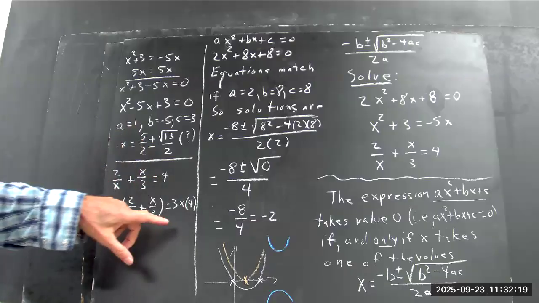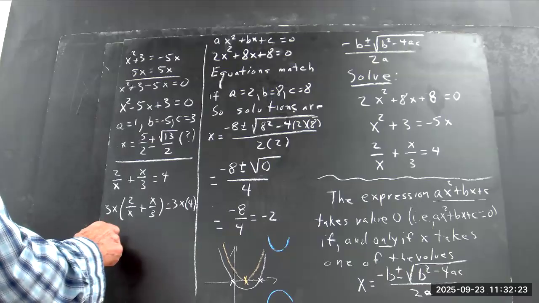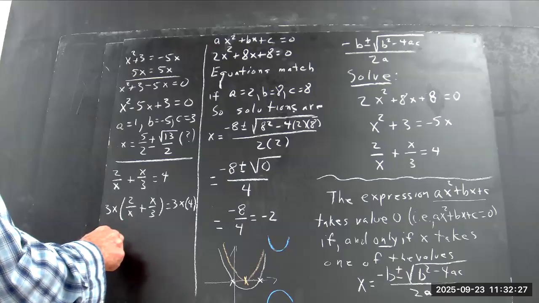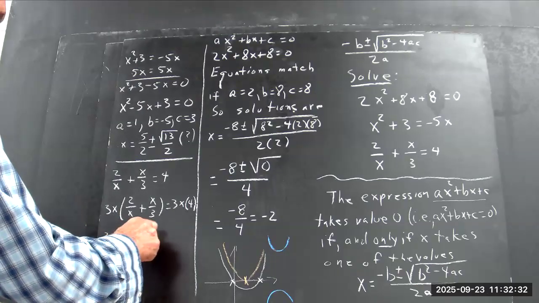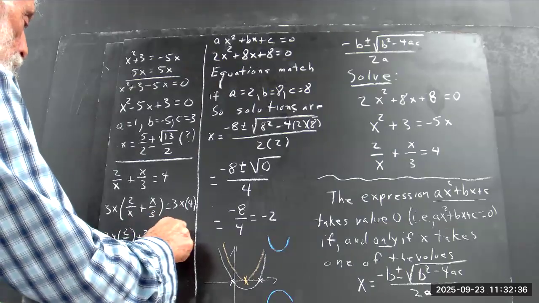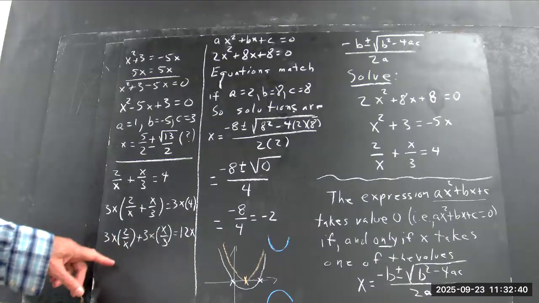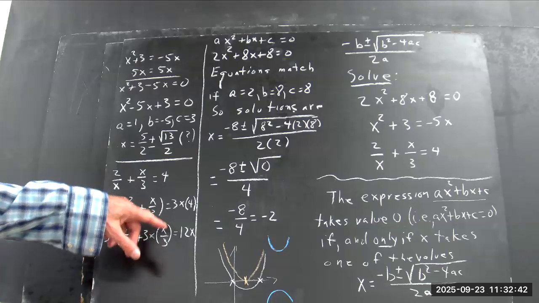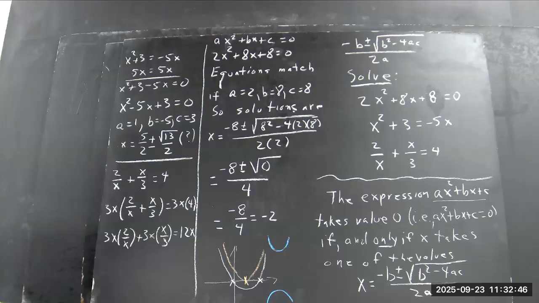It's times both of them. And then 3x times 4. And that gives us 3x times 2 over x plus 3x times x over 3, distributing through. And on the right-hand side, we get 12x.